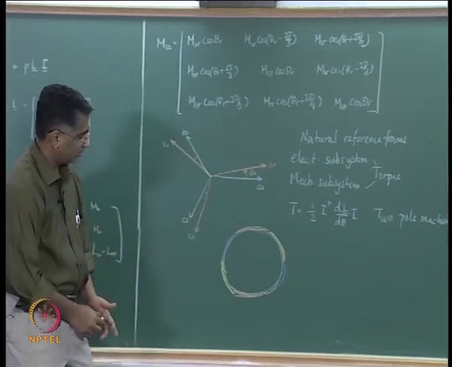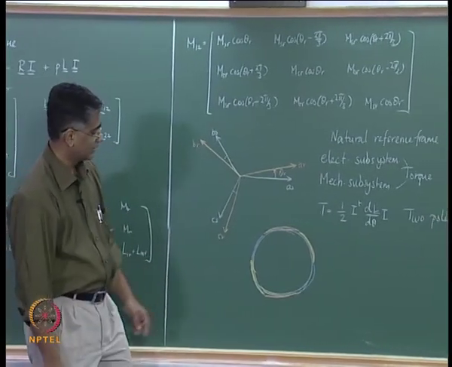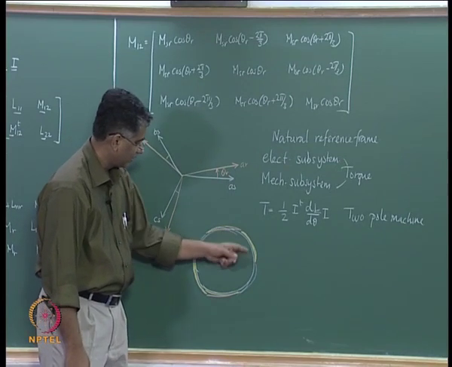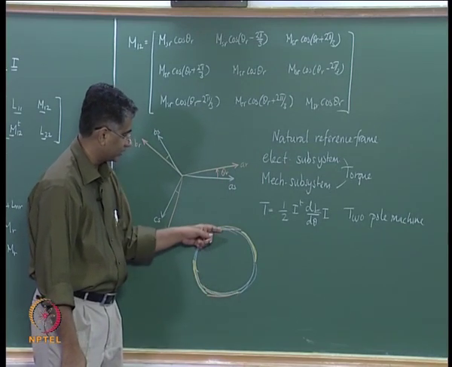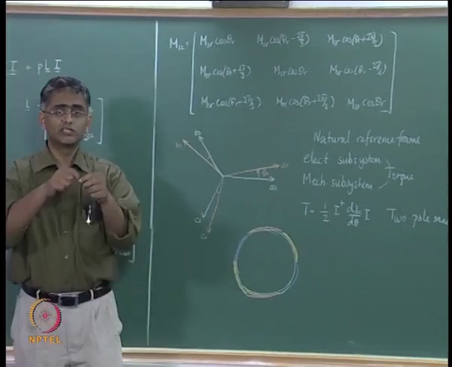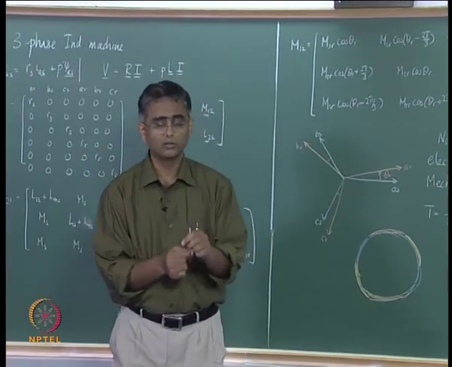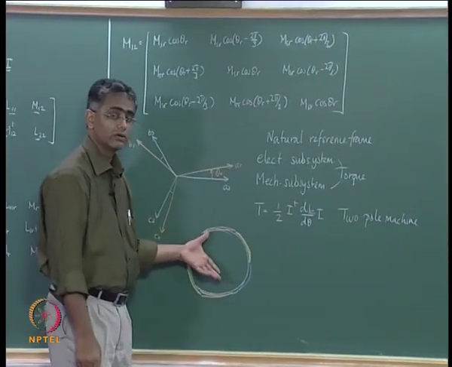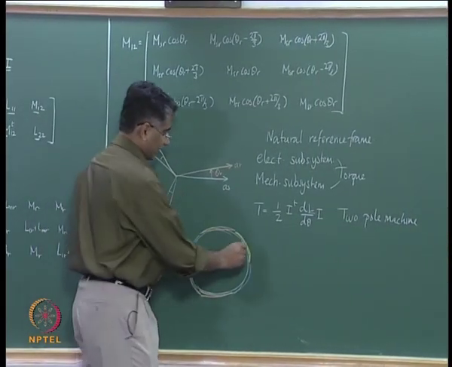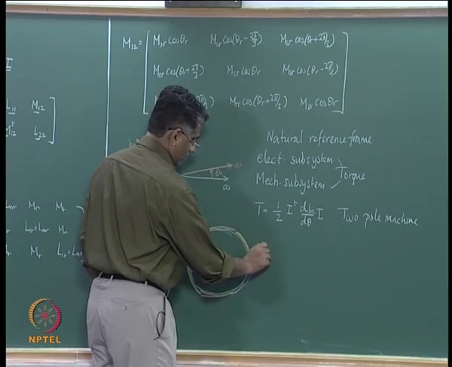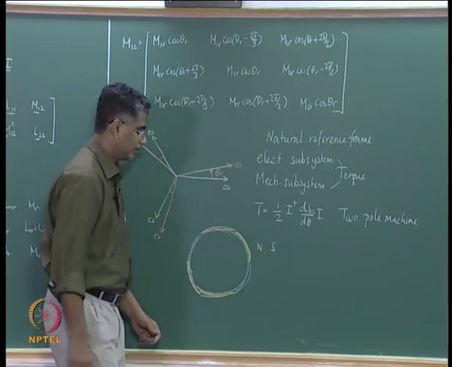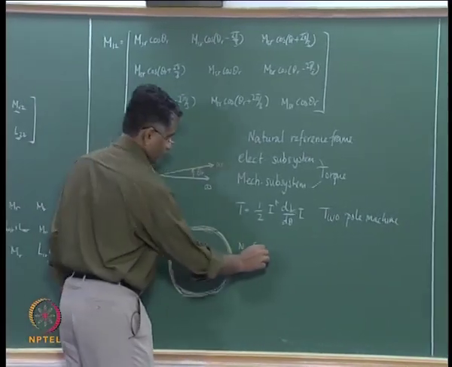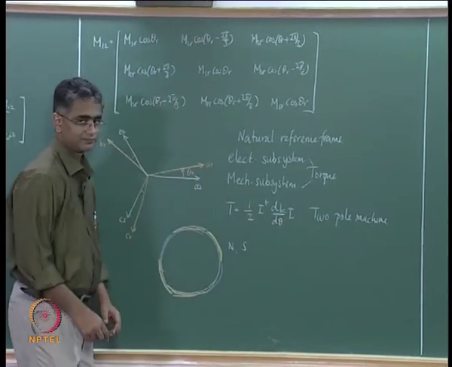If the machine is wound like this, then going around and completing the circle, you would encounter exactly one cycle of variation of the MMF, which means that this MMF is going to generate a magnetic field that has one north pole and one south pole, and therefore this description is for a two pole machine.